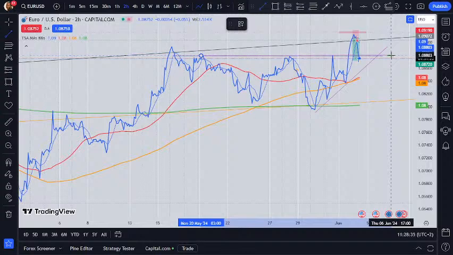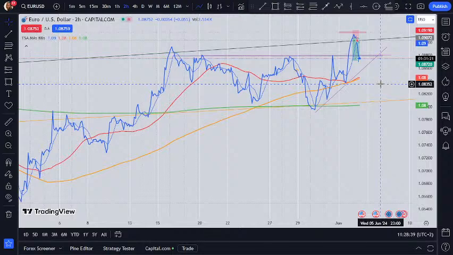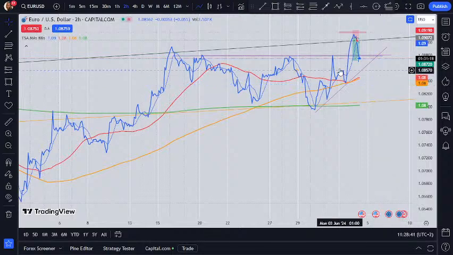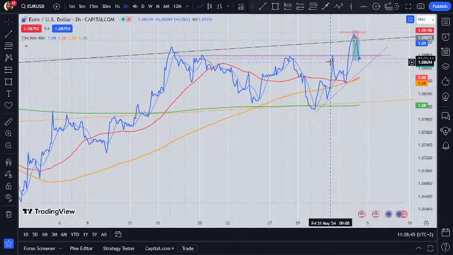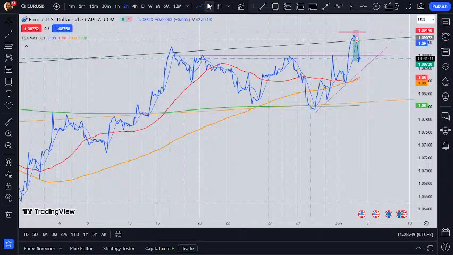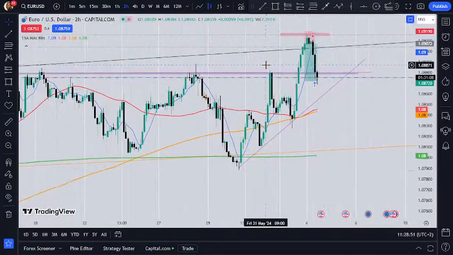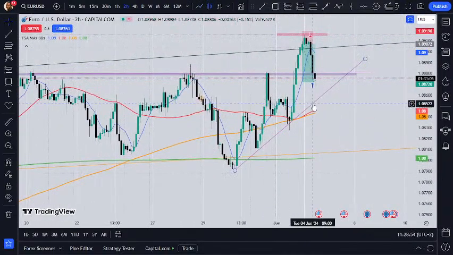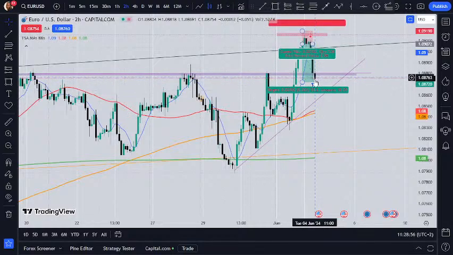And after going above it, it should be some sort of resistance. So we'll see what price wants to do based on how this candle closes.